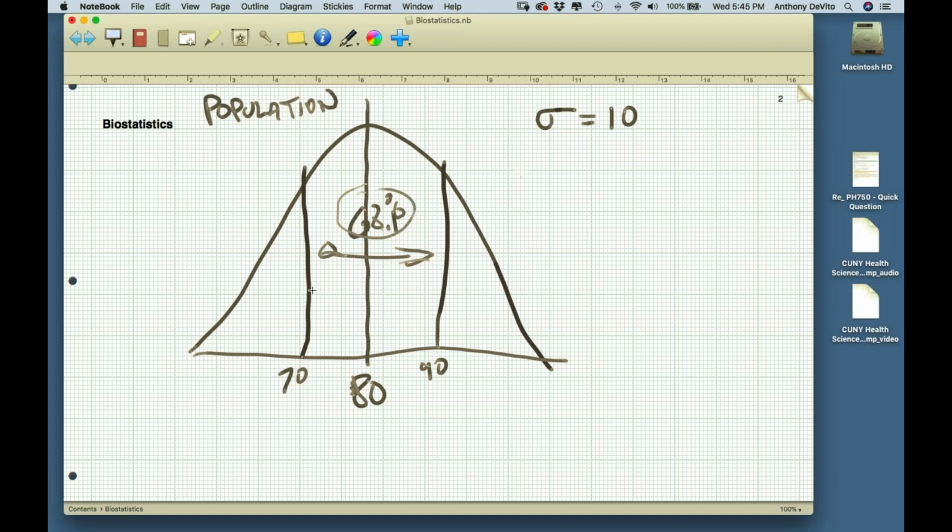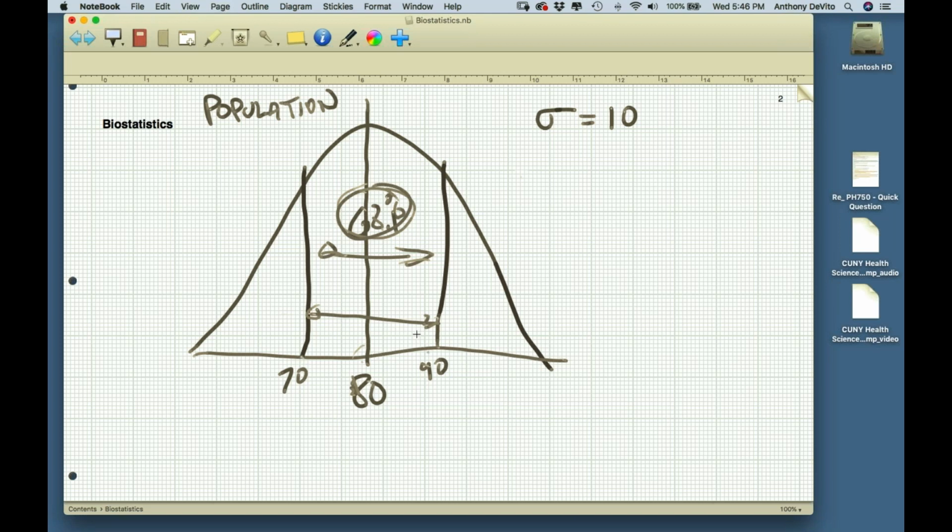And that represents the middle, that gives us a prediction about the spread of this population in terms of blood pressure. You can look at this a couple of ways. One way is to say 68% of the population has a blood pressure between 70 and 90.